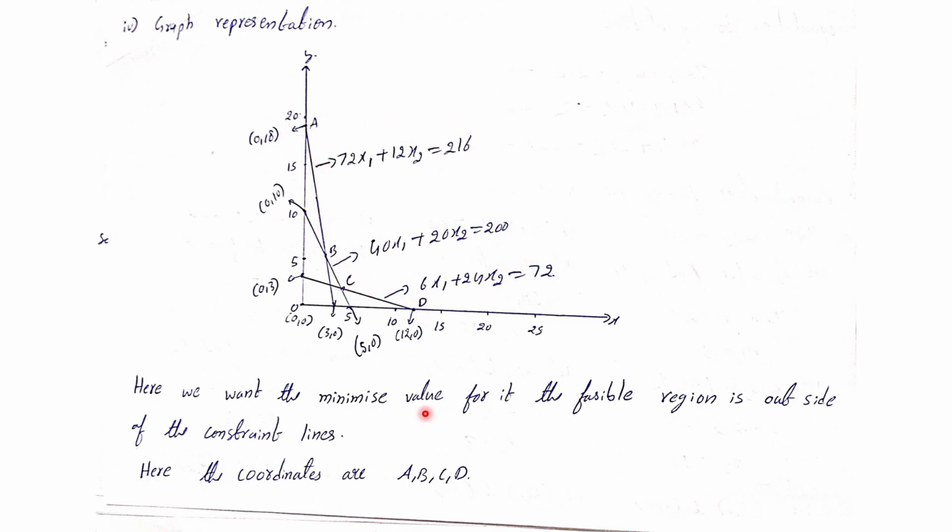The outside points are A, B, C, D, and now we have to find the coordinates of the feasible region, that is, the coordinates of A, B, C, D. By observing the graph, we can directly get the coordinates of A and D. For A it is 0, 18, and for D it is 12, 0. Then we have to calculate the coordinates of B and C.